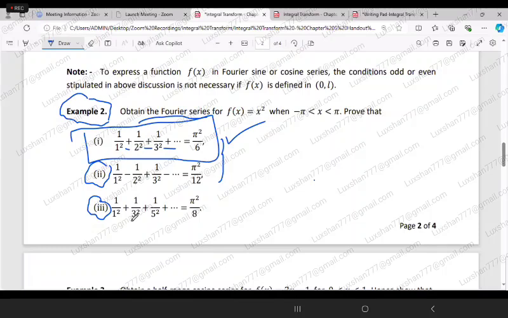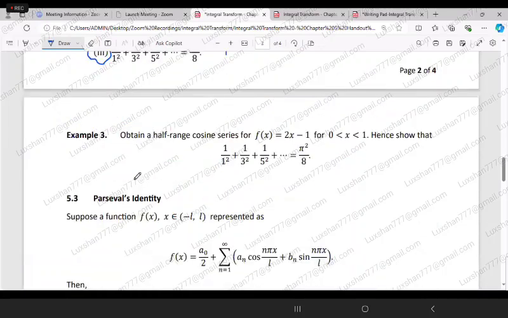How can we prove the third one? Yes, if you simply add 1 and 2, you will get the third one. So you have to think. Yesterday also I worked out this problem and showed you that when you put x equals 0, we get this one.